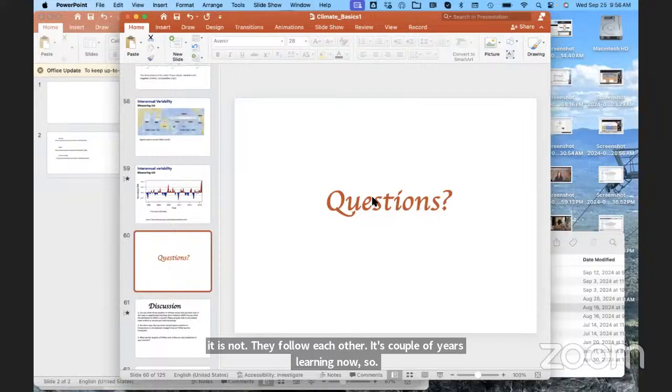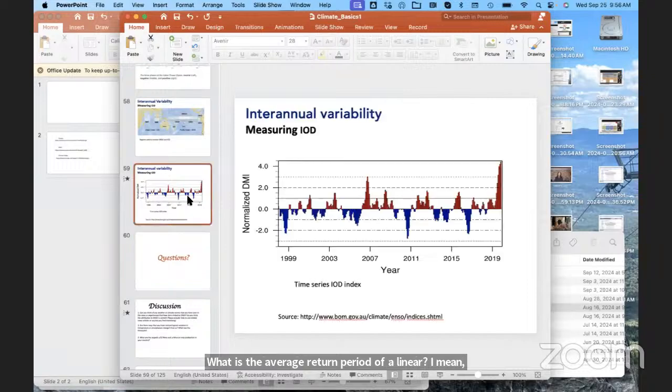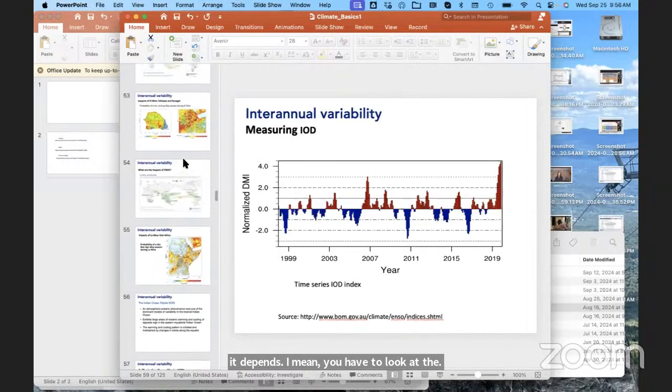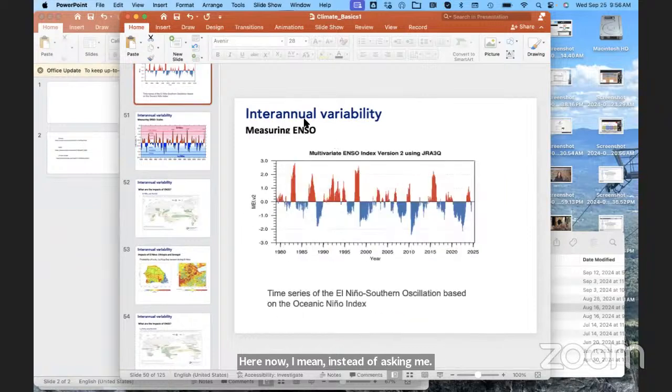What is the average return period of El Niño? It depends. Instead of asking me, you can look at this curve. People say 5 to 7 years. So let's say here El Niño, then El Niño came back here, then sustained.